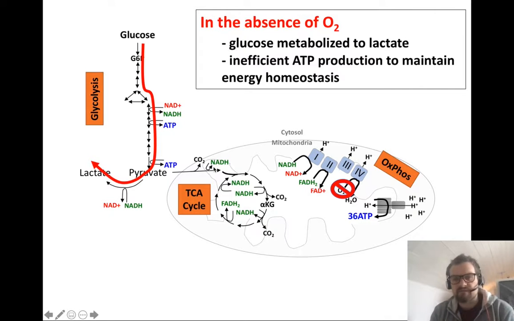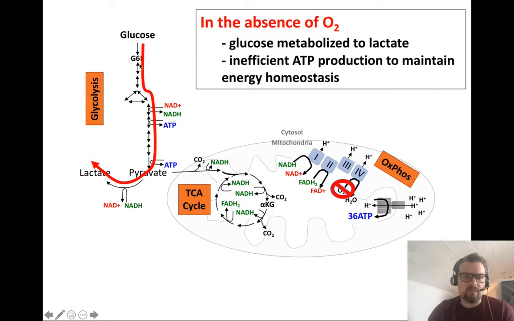So what happens in the absence of oxygen? There are places in our body where it can become hypoxic, in the gut, and in pathological situations like within tumors. There are low levels of oxygen, in which case OXPHOS can't continue. So the response the cell makes to this is to engage anaerobic glycolysis.